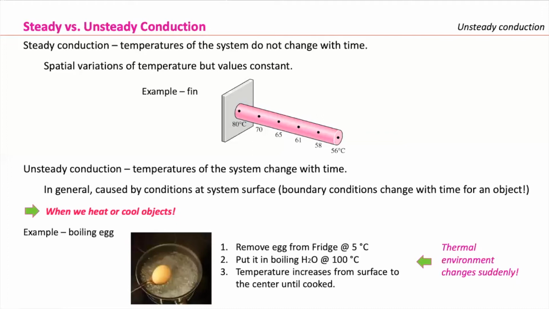Then the temperature is going to start increasing from the outer surface of the egg to the center. So we are suddenly changing the thermal environment of our object. When we suddenly apply these changes, that means that we need to evaluate our problem as an unsteady state problem.